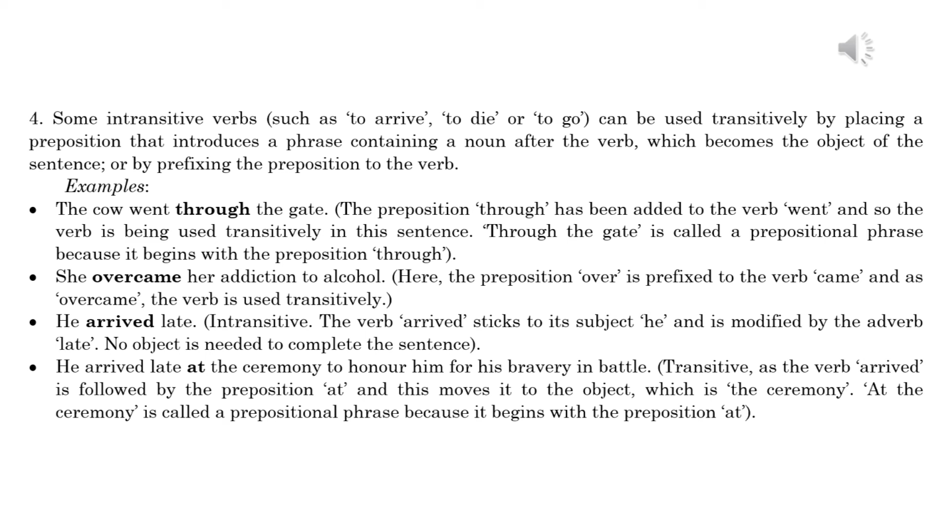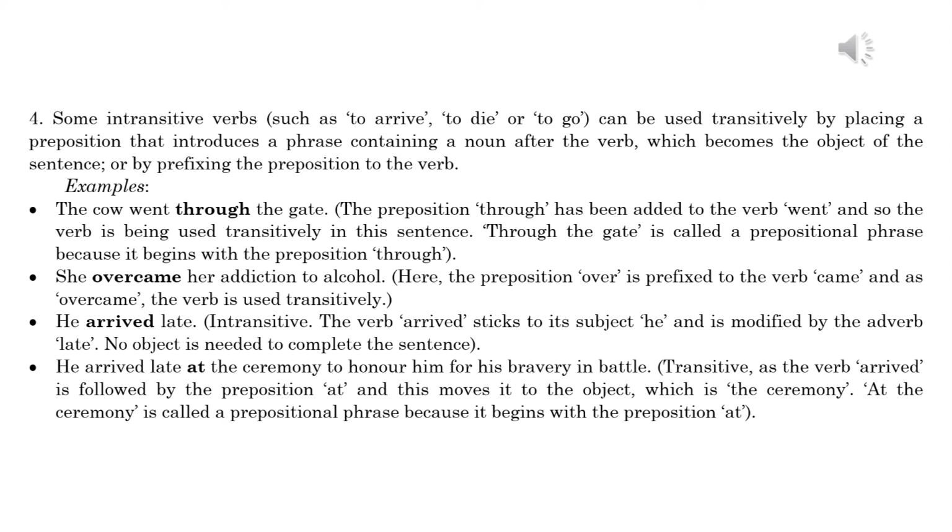She overcame her addiction to alcohol. Here the preposition over is prefixed to the verb came, and as overcame, the verb is used transitively. He arrived late. Intransitive. The verb arrived sticks to its subject he and is modified by the adverb late.